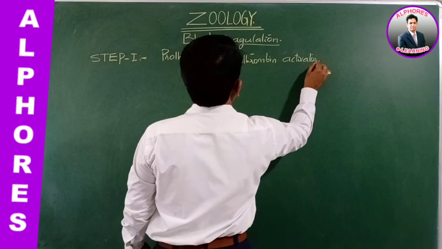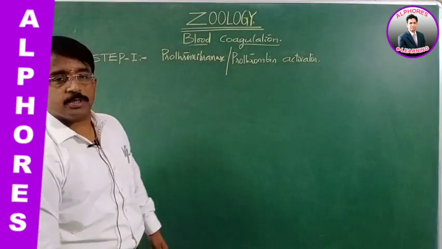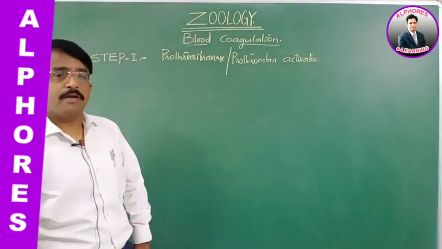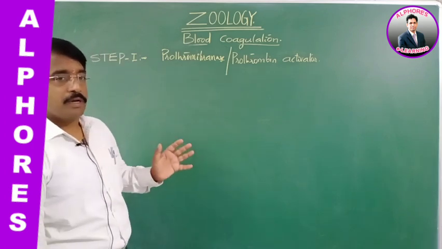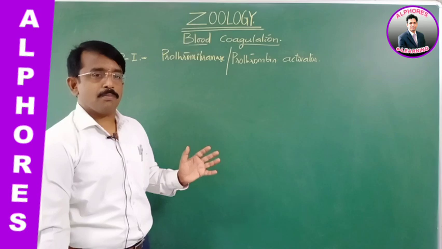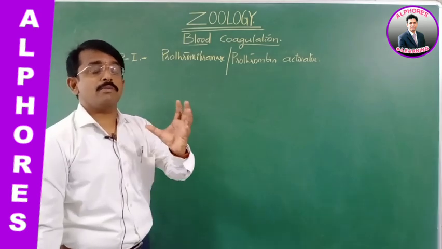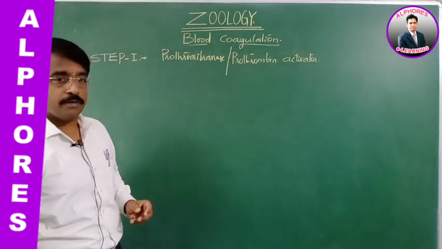As I already told you, it is a series of reactions where one step leads to the next. In order to convert prothrombin into thrombin, prothrombinase activator is needed.